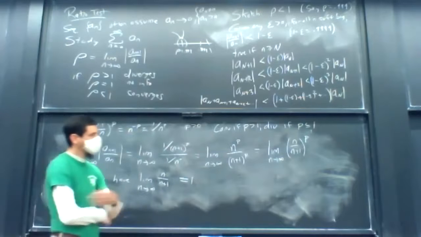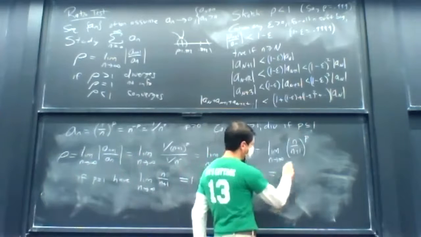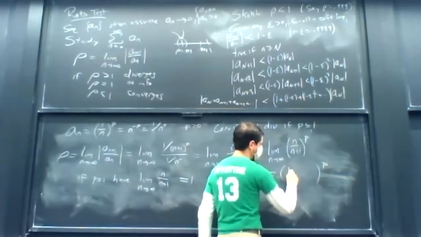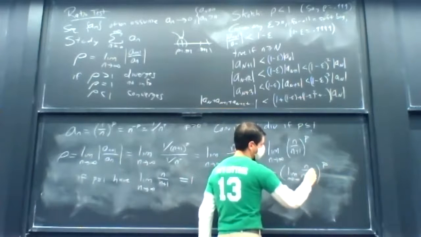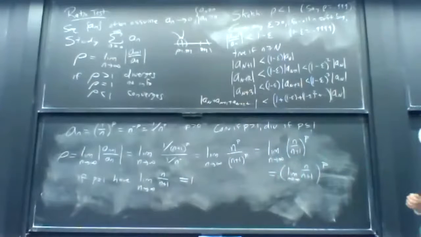What you want to say is that the limit of this to the pth power is the same as the pth power of the limit. If p is an integer, that's not so bad. If p is not an integer, it's a little bit harder.